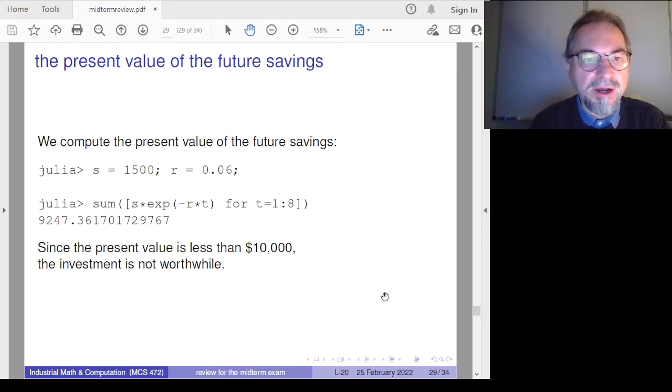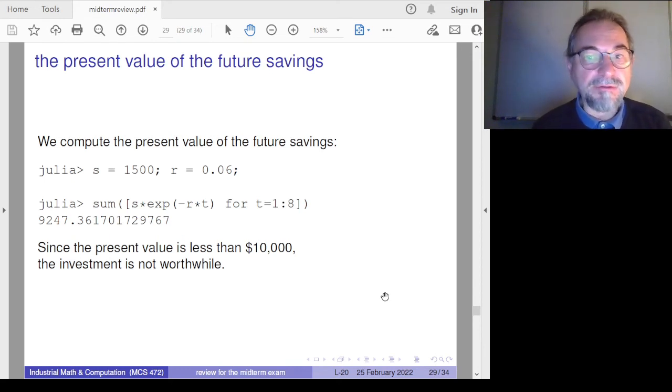Each time there's the same saving, and we each time apply the continuous compounding, and we sum things up. So it could have been worthwhile to see whether we would ever get there, but actually we do not break even yet. So the present value of our future savings is less than 10,000. It's 9,200.